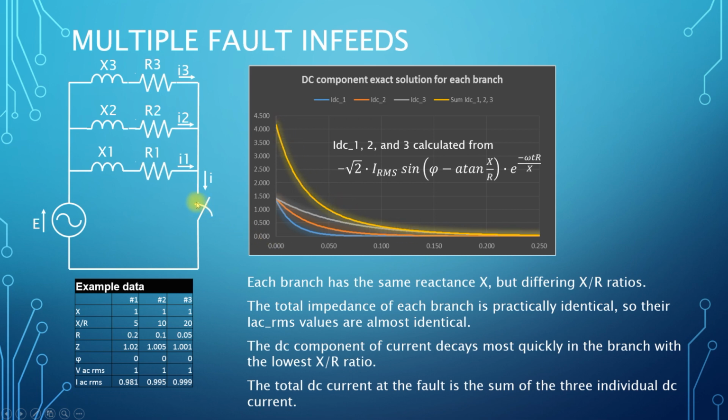So the total DC current that we measure here is the sum of these three. And at first glance this looks like an exponential decay, but we now realize that this apparent decay is not produced by a single exponential, it is the sum of three separate exponential terms.